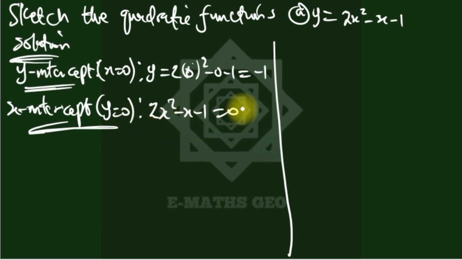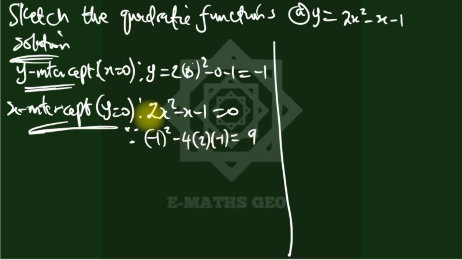As you can see, this will have x-intercept, yes, because minus 1 squared minus 4 times 2 times minus 1. That should give us 9. So it's a positive value. And it's also a perfect square.